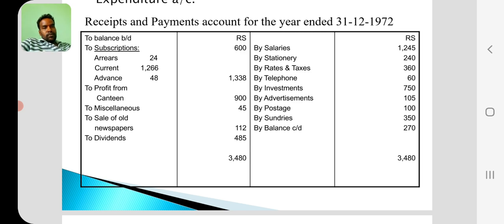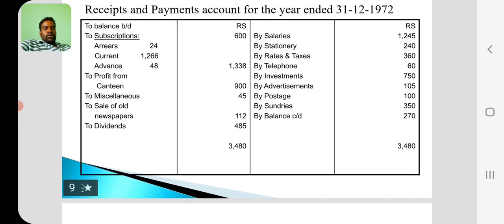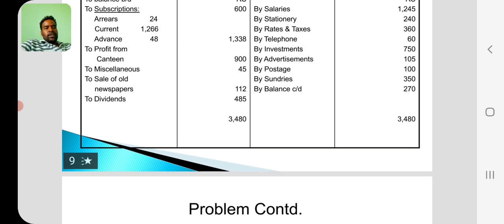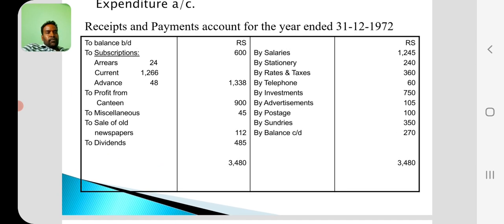The balance brought down: subscriptions arrears 24, current 1266, advance 48. To profit from canteen 900, to miscellaneous 45, to sale of old newspaper 112, to dividends 485.